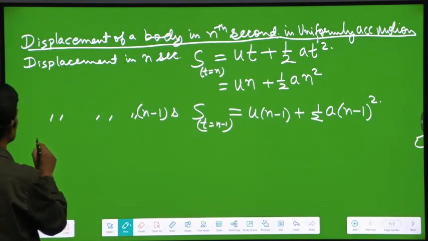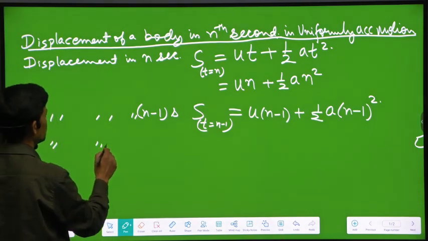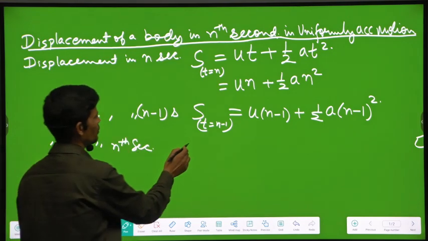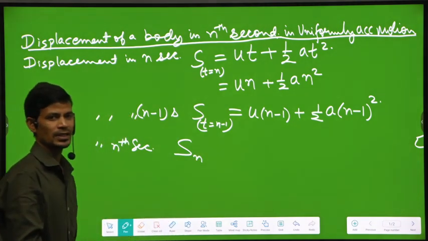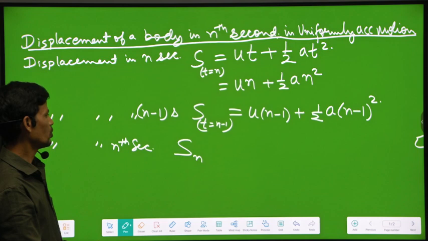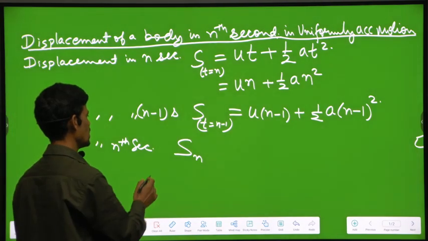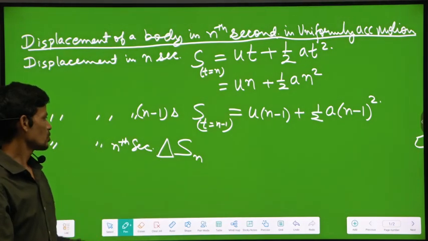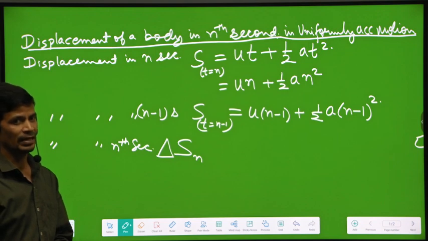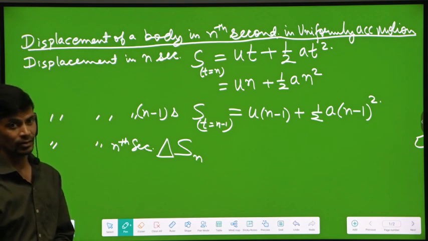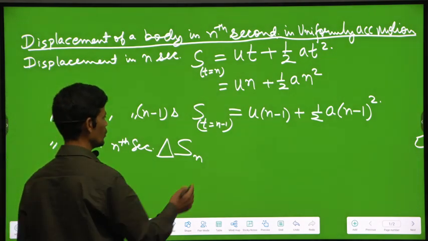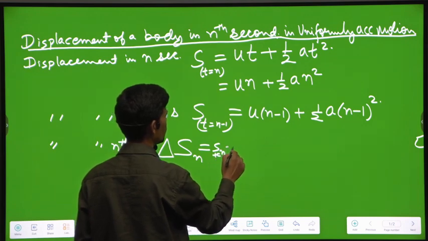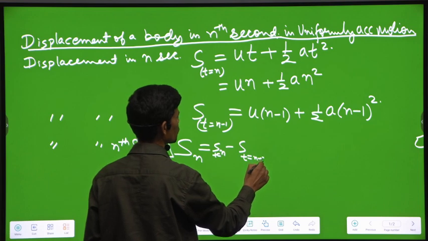So the displacement in the nth second, in most of the books I have seen they write it like this, Sn. Well, I also want to write it like this, but as it is a difference of two displacements, I am putting this delta sign as well for my understanding, so that I would not be confused. I'll subtract both of them, s at t equal to n minus s at t equal to n minus 1.